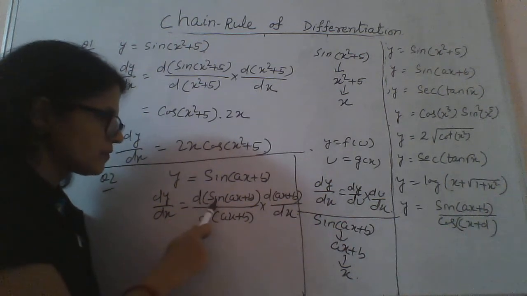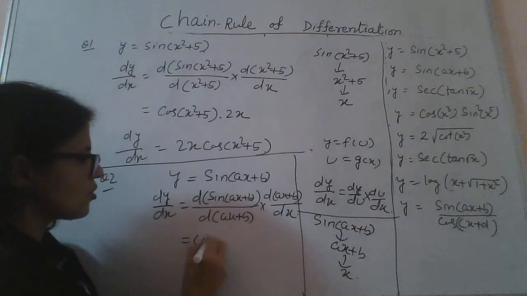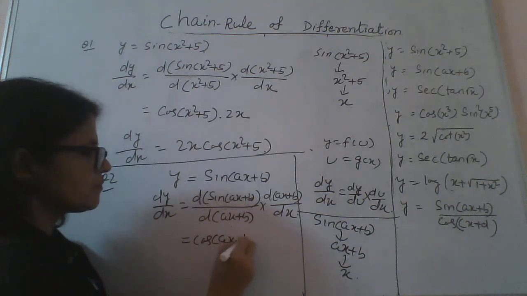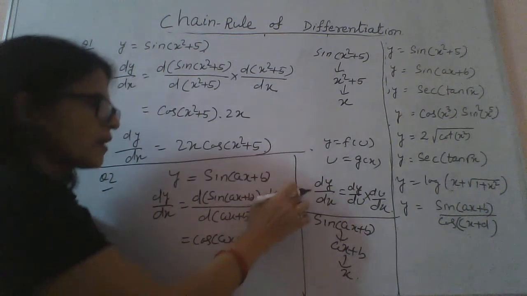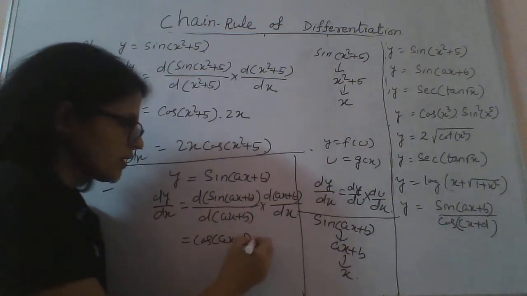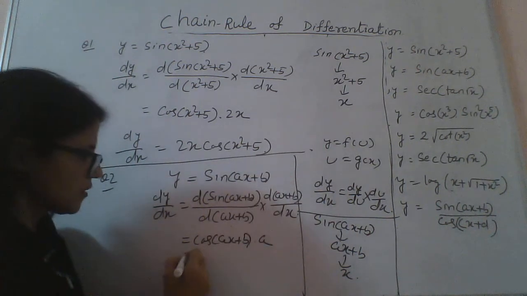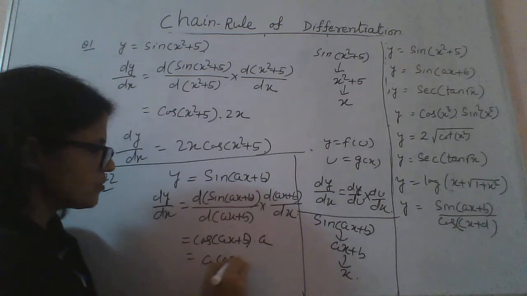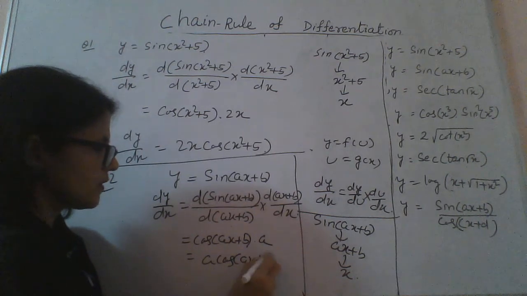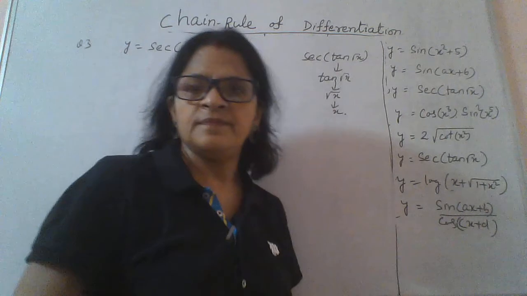So the derivative of sin(ax plus b) with respect to ax plus b is cos(ax plus b), and for ax plus b with respect to x, a and b are constants, so the derivative of b is 0, being a constant. So a into cos(ax plus b). Okay, so it seems to be easy.